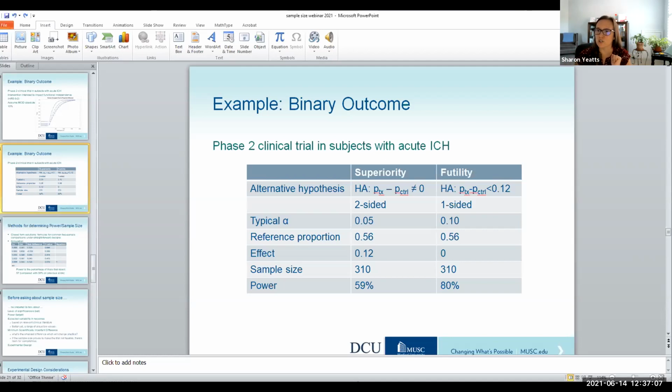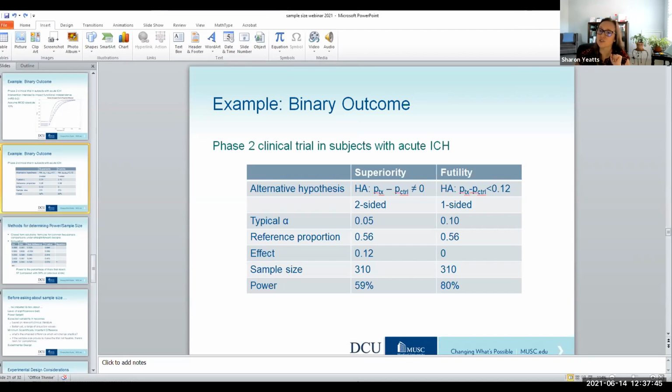So the alternative hypothesis here, instead of saying that the difference between the treatments is just different from 0, is that the difference between the treatments is less than a 12% improvement associated with the treatment. Because I've written it this way, that it's less than 0.12, it's automatically a one-sided hypothesis. I don't care if it's greater than 0.12, that would be awesome. So I gain a little bit with this one-sided hypothesis.